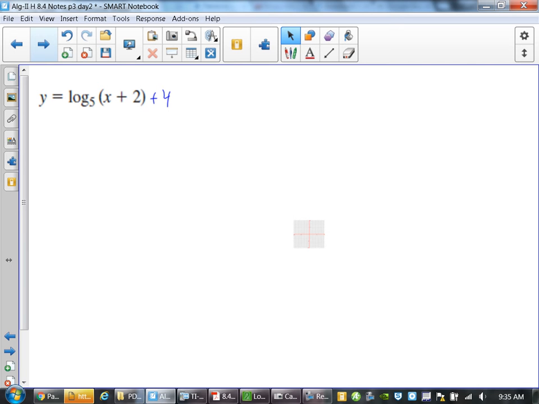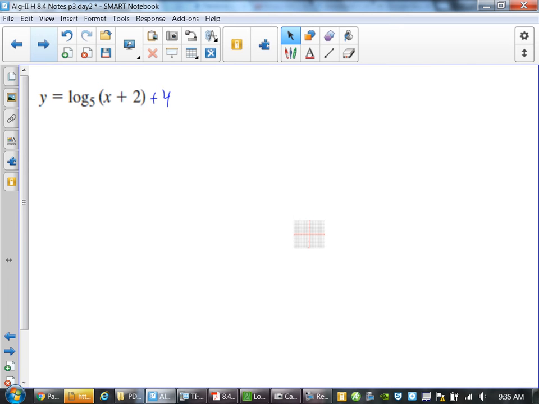A lot of these are going to be pretty simple to graph. There really isn't much craziness, to be honest with you. The book calls it plotting convenient points. We just like to use your parent and work them through.